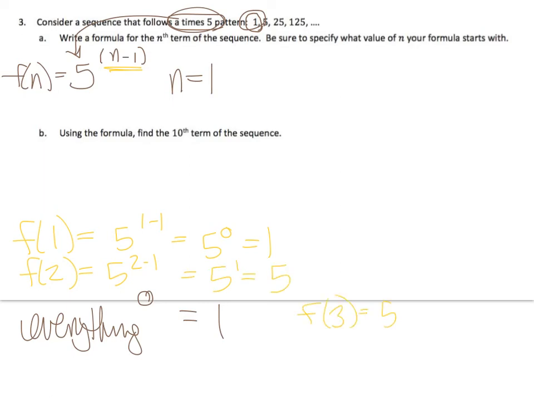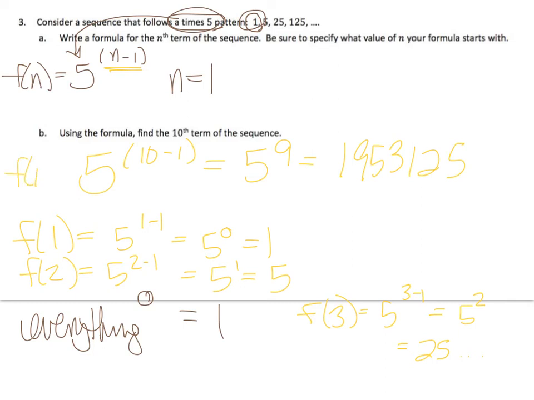F3, 5 to the 3 minus 1, which is 5 squared, which is 25, etc. It works. Let's find the 10th term. It's 5 to the 9th power, which I just typed out, is 1953125. So that is f of 10.